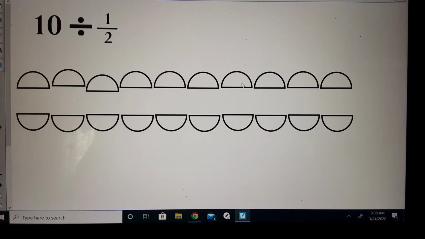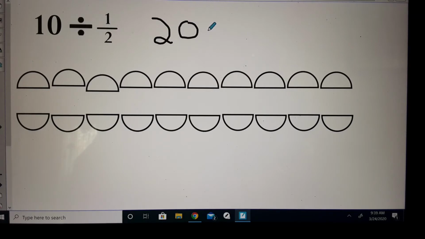Now there's 2 each, 2 halves for each cookie. 10 twice is 20. So the answer to 10 divided by half is 20.